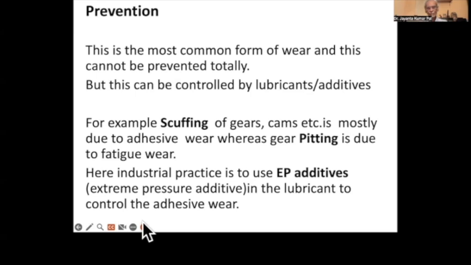So EP additives actually means extreme temperature additives, and they will take care of the components at high temperatures. These are used for gears and cams and other things. Many newer types of oils are coming up, and much more research is going on, but this is the basic theory: EP additives must be used when there is very high pressure contact, like gears, cams, and all that.